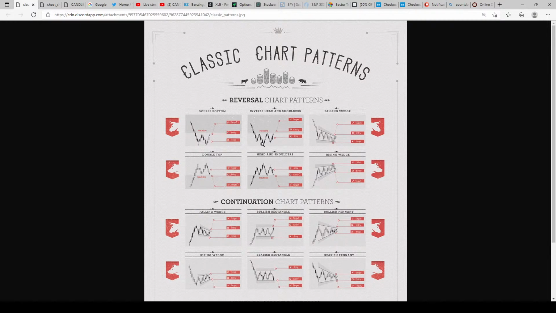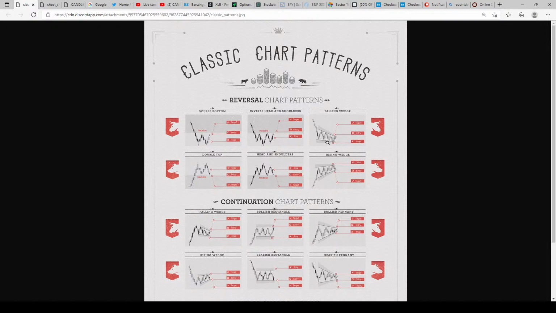Now, a couple that we want to talk about here are falling wedges and rising wedges. This is where you have a stock that is coming up or going down, and if you draw trend lines on the bottom, and I'll show you here on the chart in a minute, and trend lines on the top, they form a wedge inward.